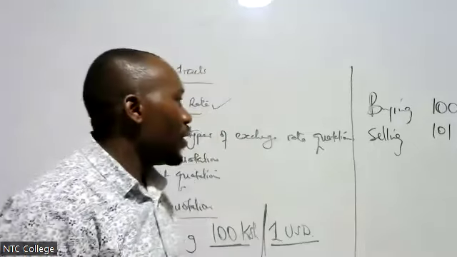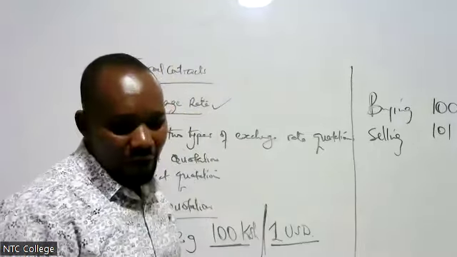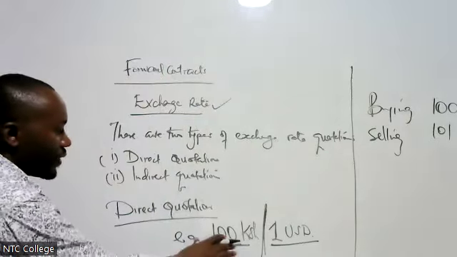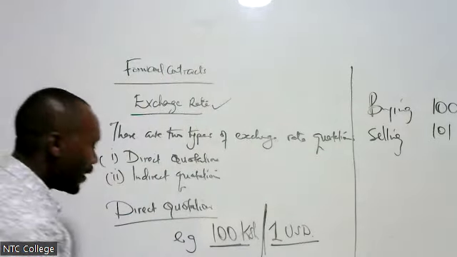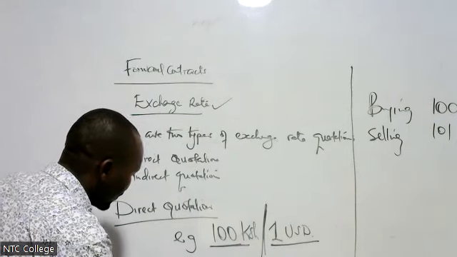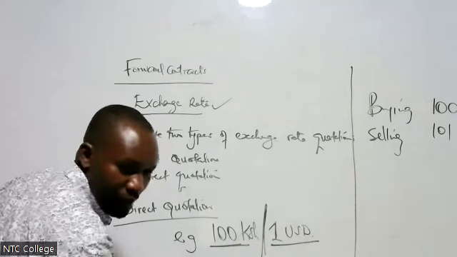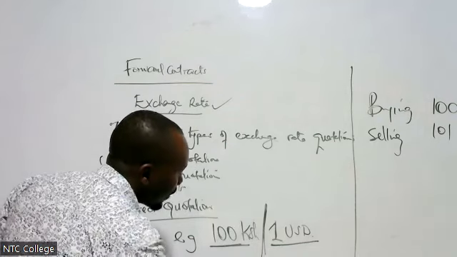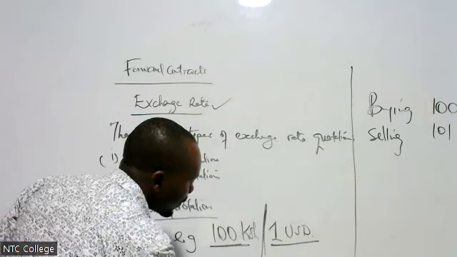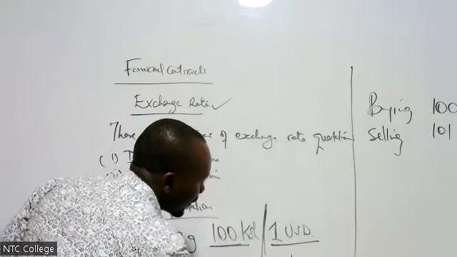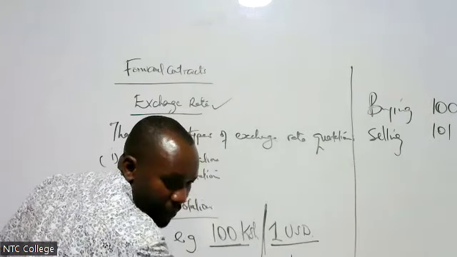Now, we also have a situation where you have written, e.g., 100 to 101 Kenya shillings per US dollar.